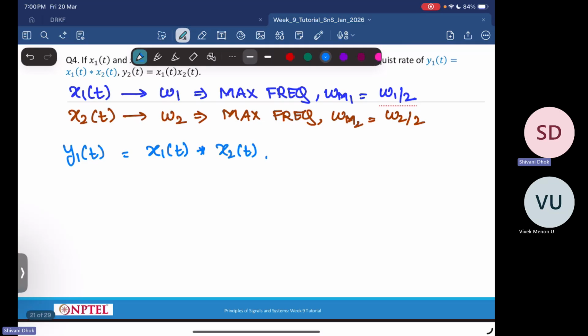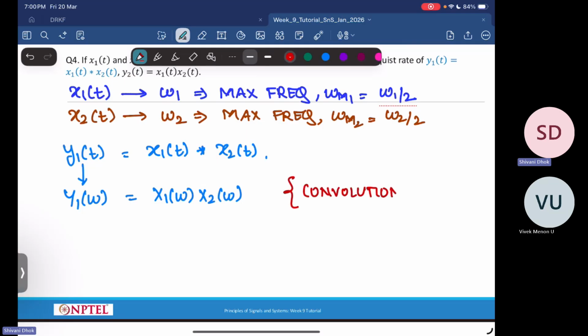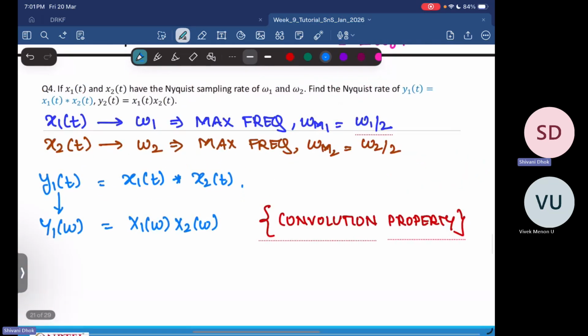So, taking the Fourier transform, you have y1 of omega equal to x1 of omega into x2 of omega. This comes from the convolution property of Fourier transform, and we want to find the maximum frequency of this signal.